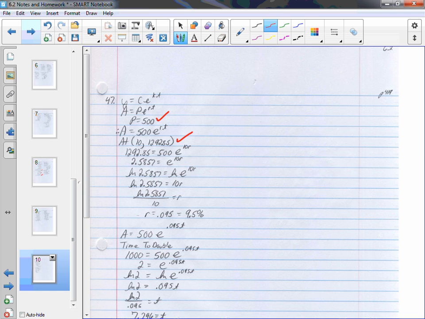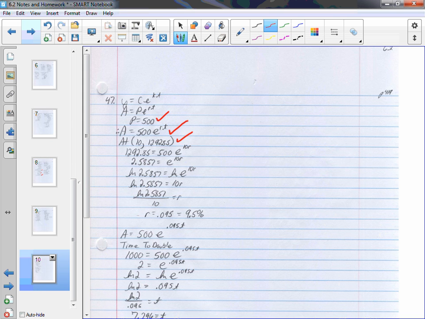So here's what I did first. I've got A equals P e to the rt. When they tell me what P is, I can make a little bit of a more particular solution. Okay, so A equals 500 e to the rt. And if they tell me the amount after 10 years, they're telling me what A equals when t equals 10.